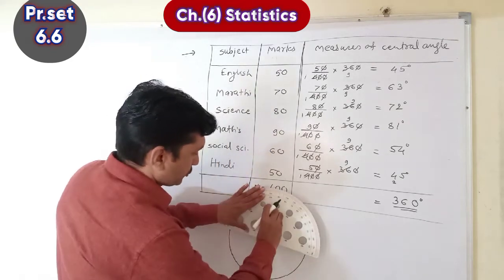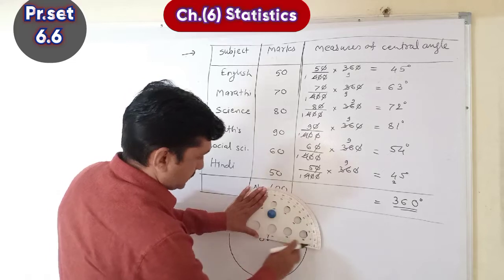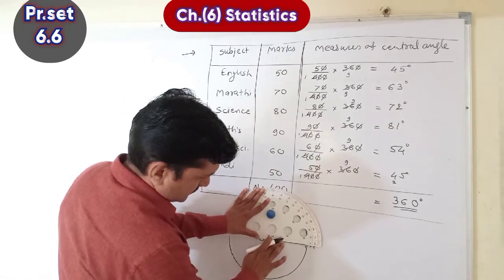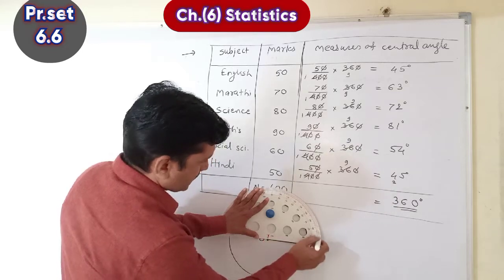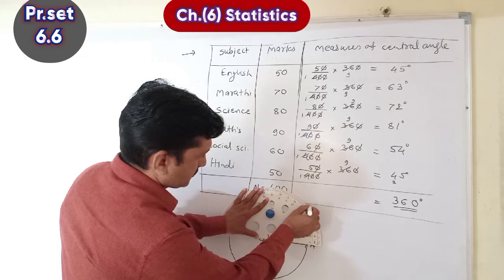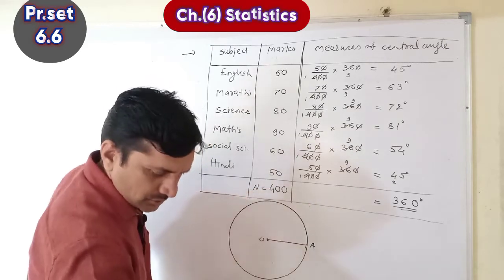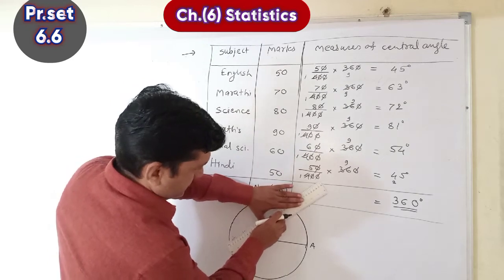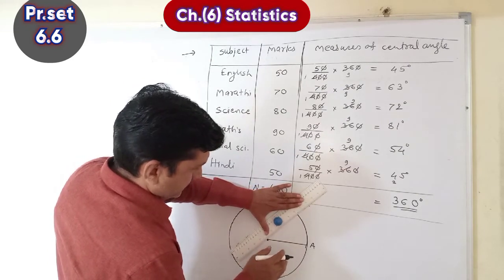Okay, draw 45 degree. 45 is here. I plot the point and draw radius with 45 degree.